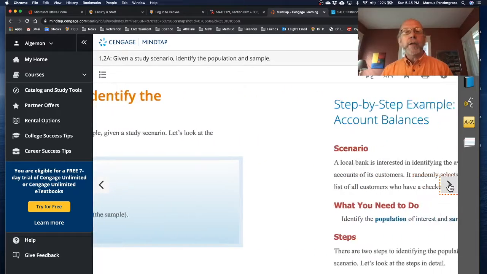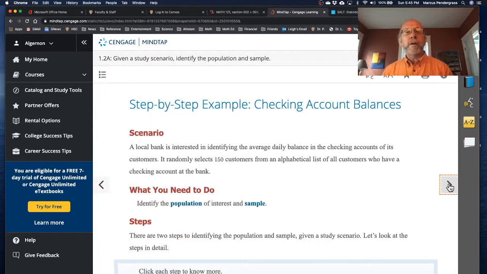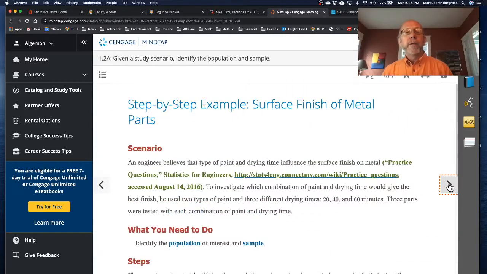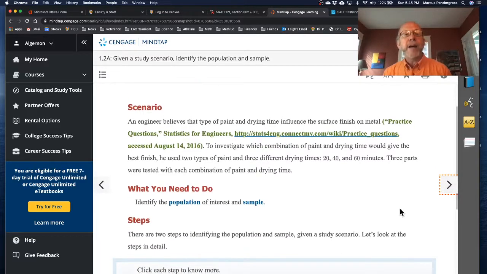I want to look at one of the examples, and again, there are numerous examples in the text, but I want to particularly look at the third one. This is an example about an experiment to determine what type of surface finish is best for a certain metal part. So let's take a look. An engineer believes that the type of paint and the drying time influence the surface finish on metal.